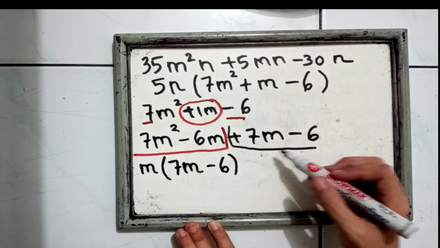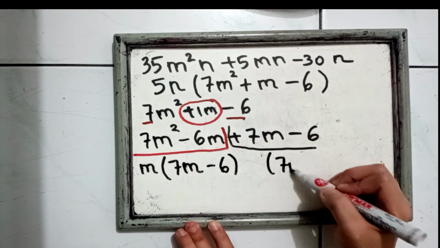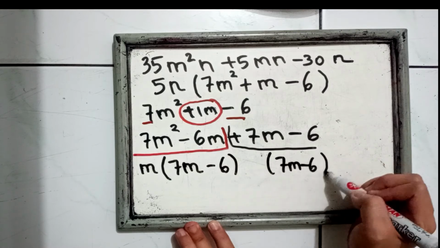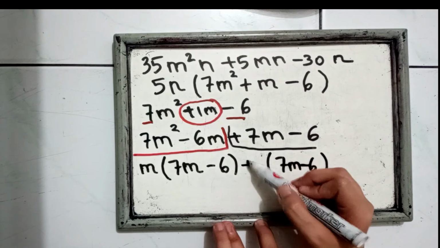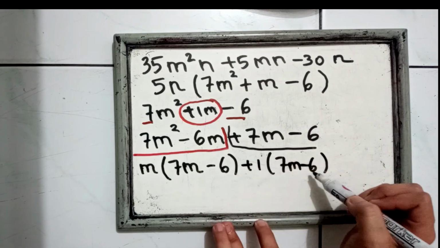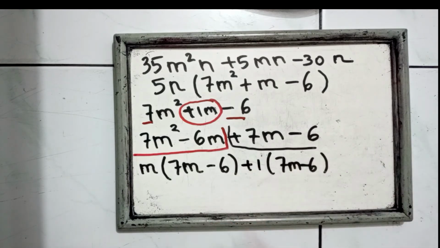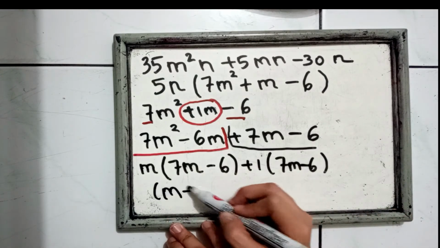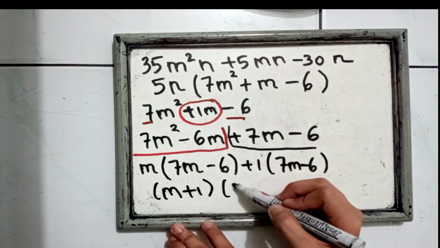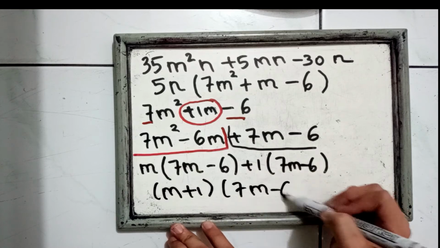So here also must be the same. 7m minus 6. 7m times how many to become 7m? Of course, times 1. 1 times negative 6 is negative 6. So it means we can take it. It will become m plus 1 and 7m minus 6.